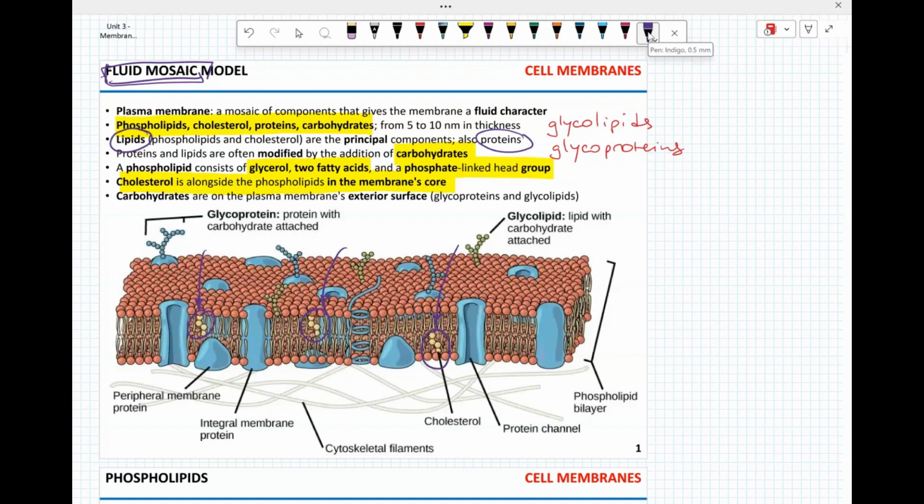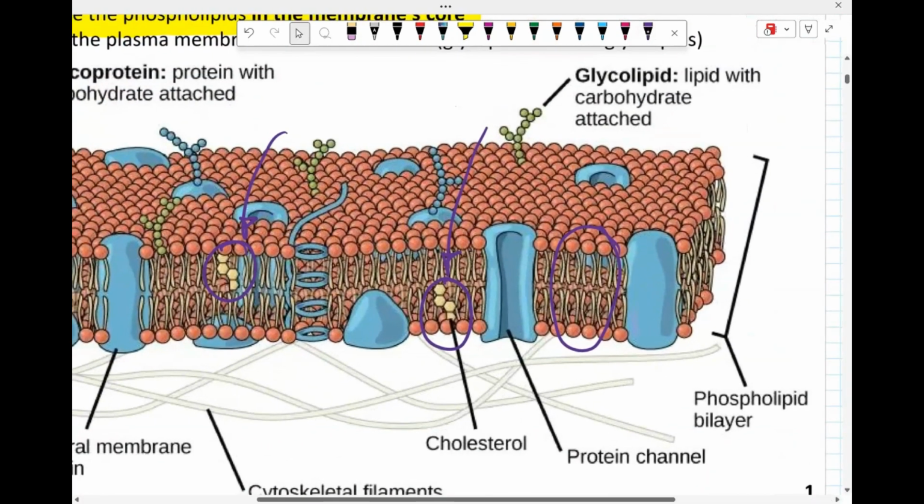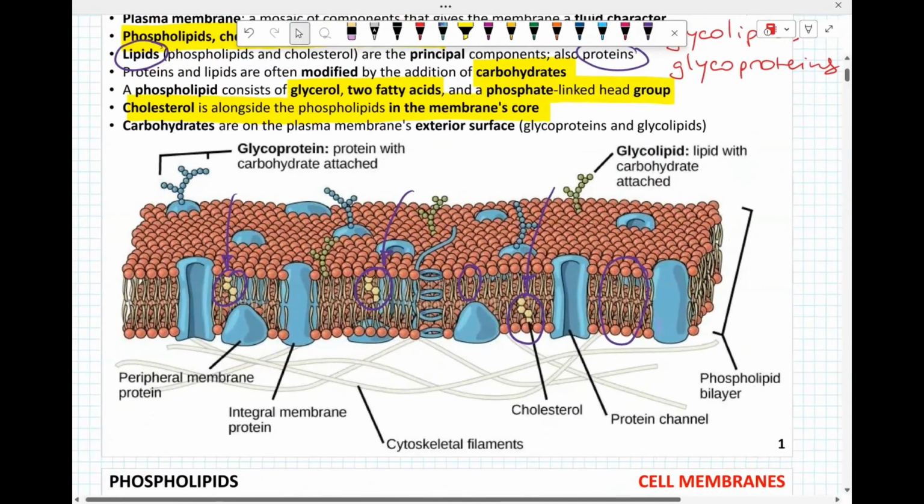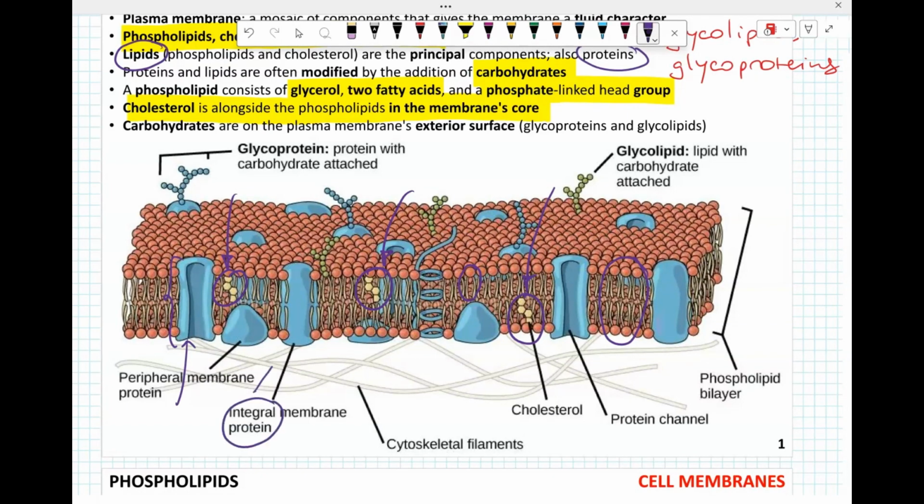On this illustration, you can clearly see phospholipid bilayer with a whole bunch of individual phospholipids forming this bilayer together. You can clearly see proteins, integral, as well as peripheral.